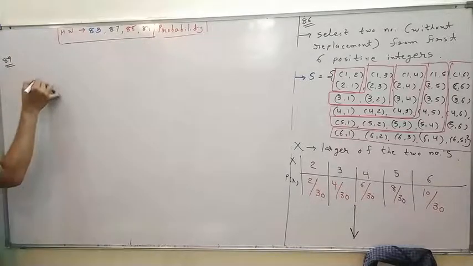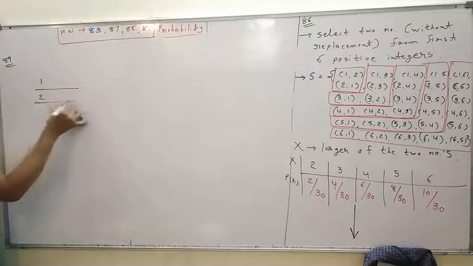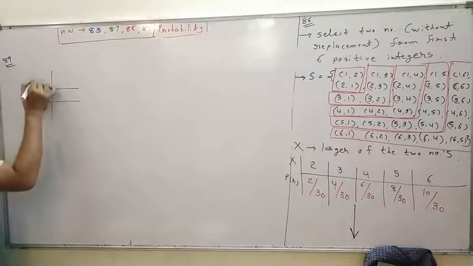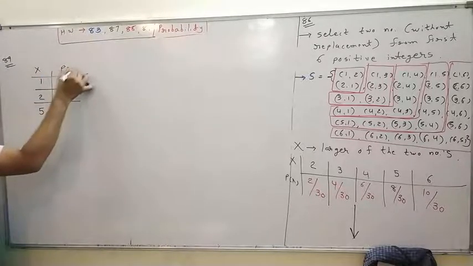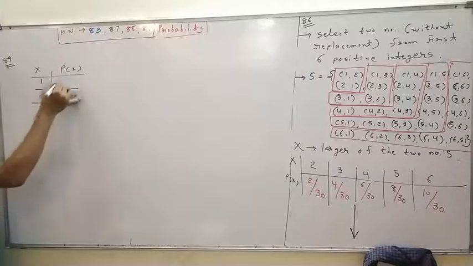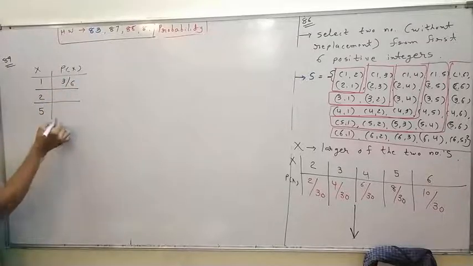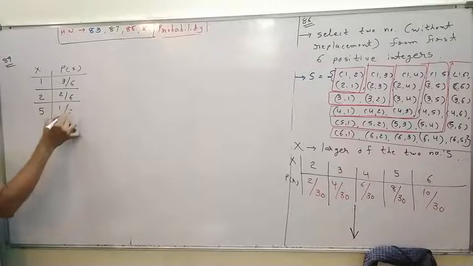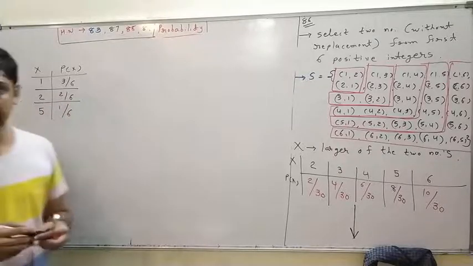The probability of getting 1, of getting 2 and of getting 5. 1 is on 3 faces, so the probability is 3 by 6. 2 is on 2 faces, so 2 by 6. 5 is on 1 face, so 1 by 6. So that is the probability distribution.